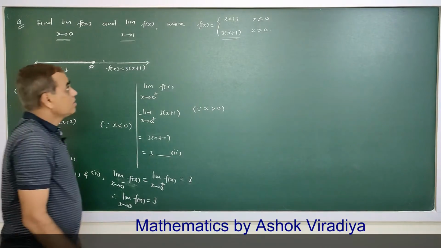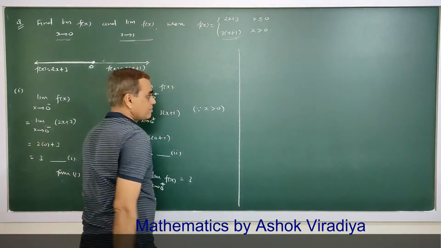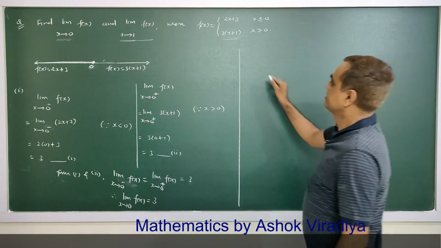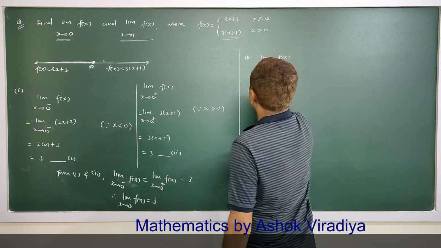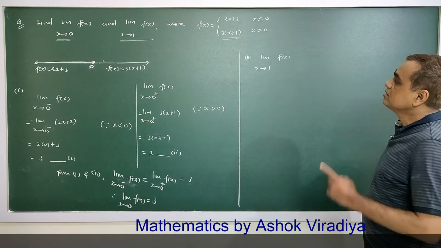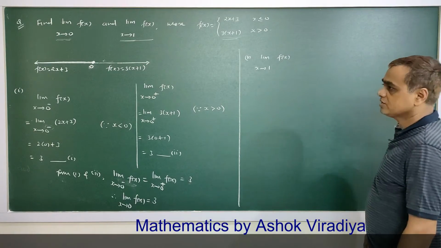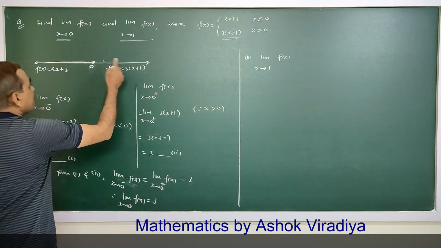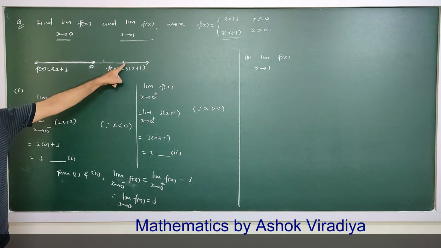Now, we are asked the limit at 1. Limit of f(x) at x tends to 1. Now see, at 1, on the number line, here this is 0 and after 0 here 1 comes. Somewhere here there is 1.